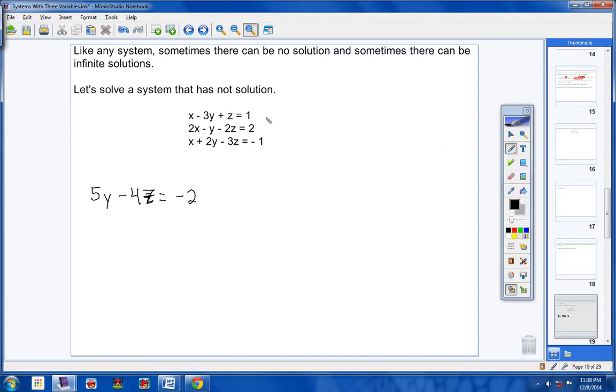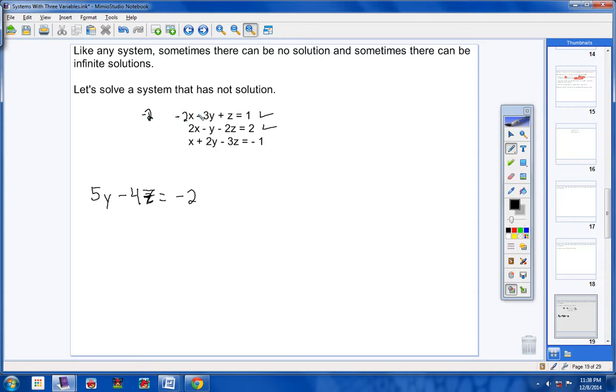Okay, we just combined the top and the bottom. So let's combine the top and the second, okay? So I need a negative 2 right here. So I'm going to multiply this entire top equation by a negative 2, okay? Negative 2 times x is negative 2x.